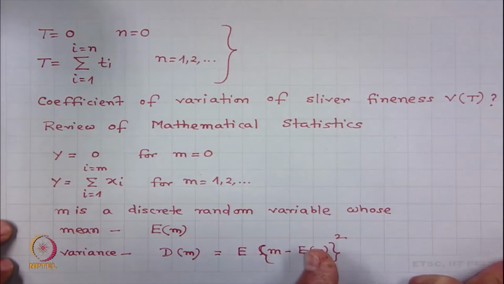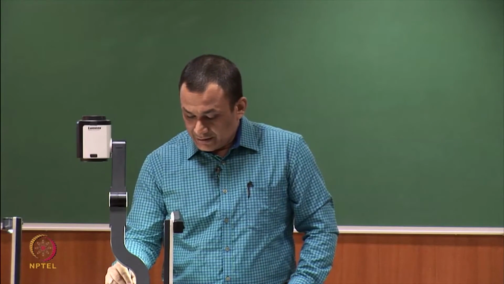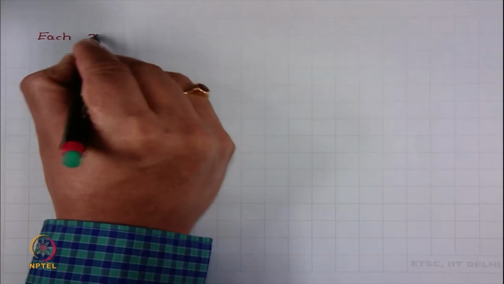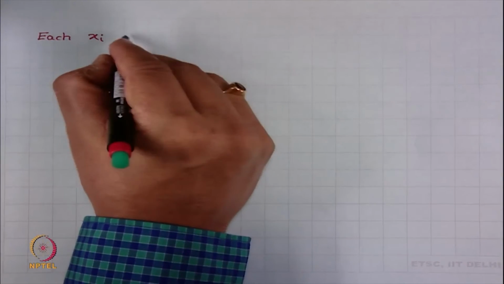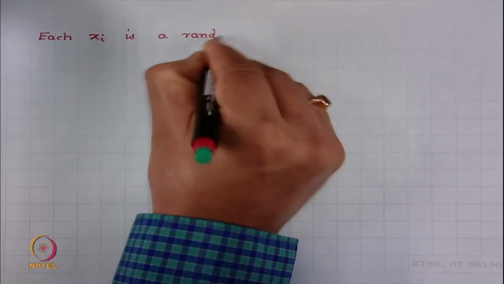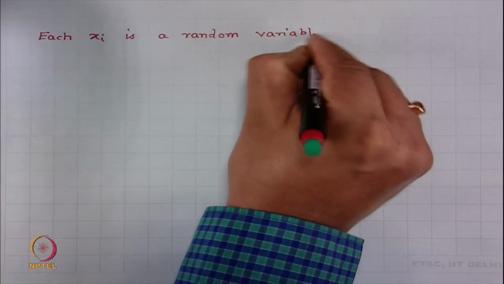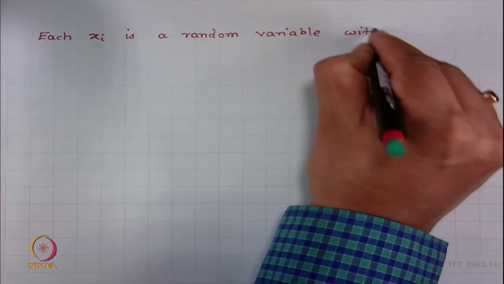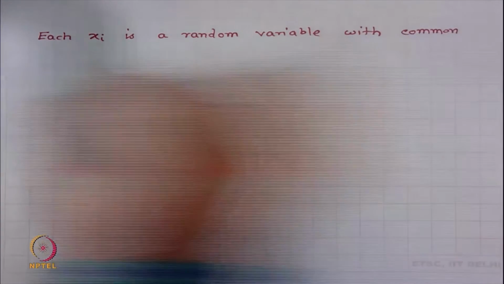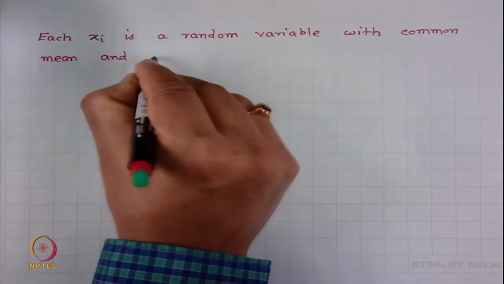Then what we assume is that each x i is a random variable with common mean and common variance.